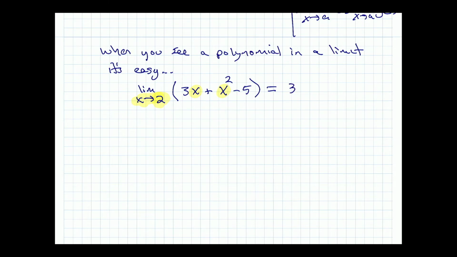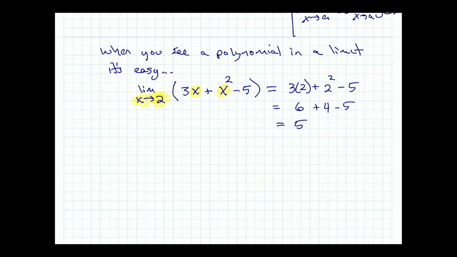And you would just get 3 times 2 plus 2 to the 2 minus 5. And you work that out and you get what you get. So 6 plus 4 minus 5. So it's 10 minus 5, which is 5. Right? And that's what you do.